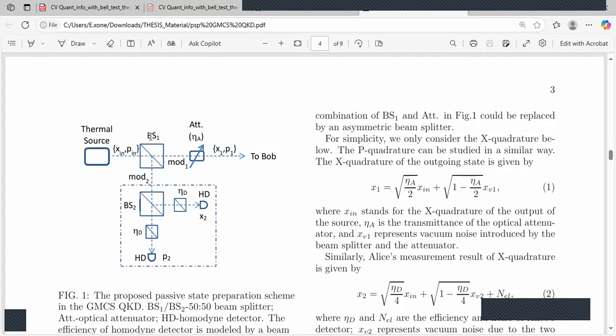And here we have a vacuum state in this input port of the beam splitter. So mode 2 and mode 1 are entangled because of the beam splitter operation. We know that the beam splitter operation is a passive operation in phase space setting.